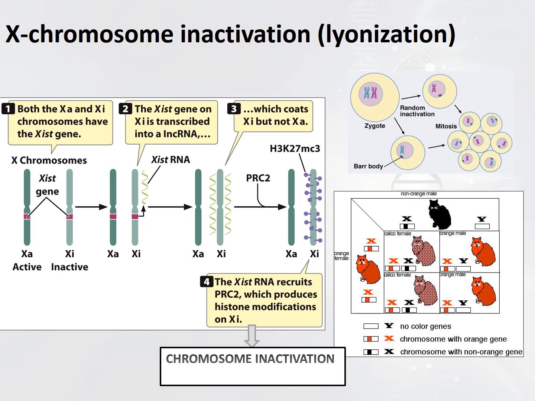So, for example, if the father passes an X chromosome with an allele for black pigment, and the mother passes on an X chromosome with an allele for orange pigment, due to the random inactivation of the X chromosome in each cell, the pattern of calico female cats is completely random, while the males are always black.